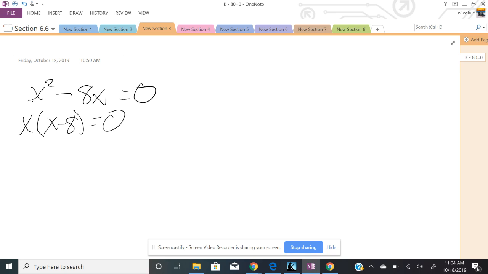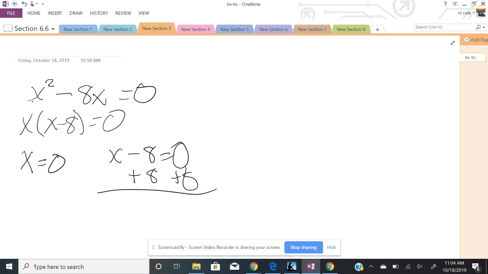I don't have to factor anymore because now I'm down to a single degree. Once your x's are single degrees, you don't have to factor again. So I know x is equal to 0, or x minus 8 equals 0. I add my 8, so x is equal to 8. When you go into MyMathLab, you're going to write x is equal to 0, 8.